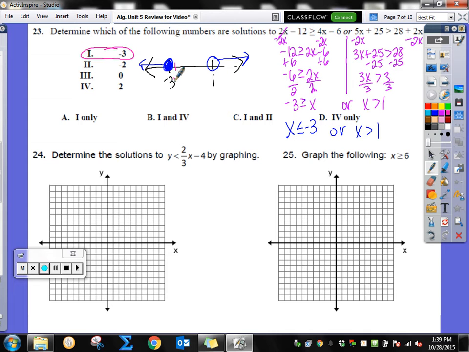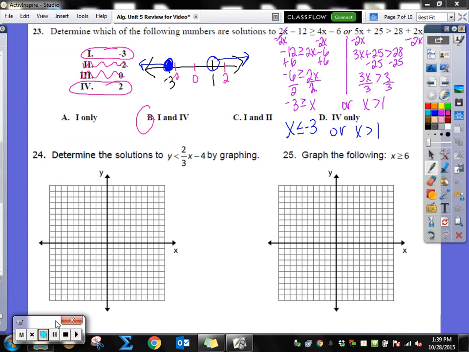Negative 2 is right there, which is not in my solution. 0 is somewhere right there, so it is part of my solution. Or excuse me, it is not. Sorry about that. Then I have 2, which is over here, which is in my graph. So the answer would be 1 and 4.